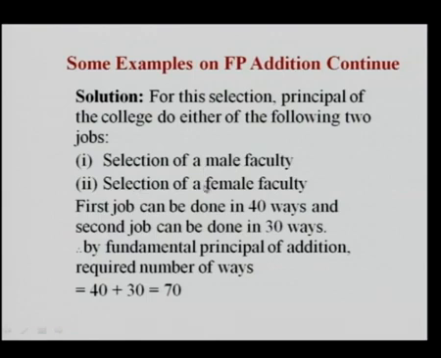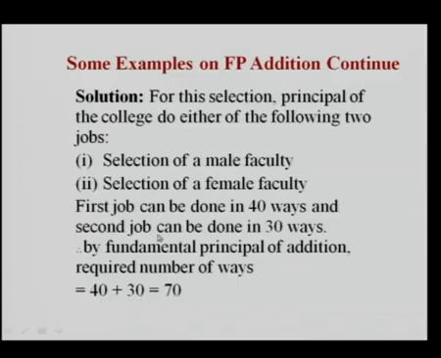And the second job, selection of a female faculty, can be done in 30 ways because there are 30 female faculty in the college. So by the fundamental principle of addition, because here the principal has to select only one, either male or female faculty, we use the addition principle: 40 plus 30, which is equal to 70.